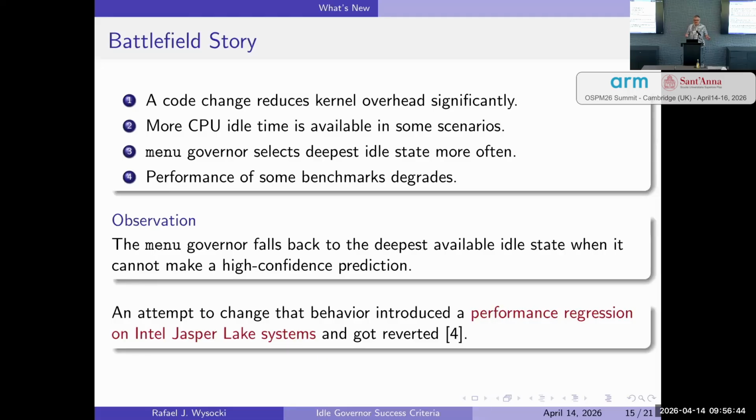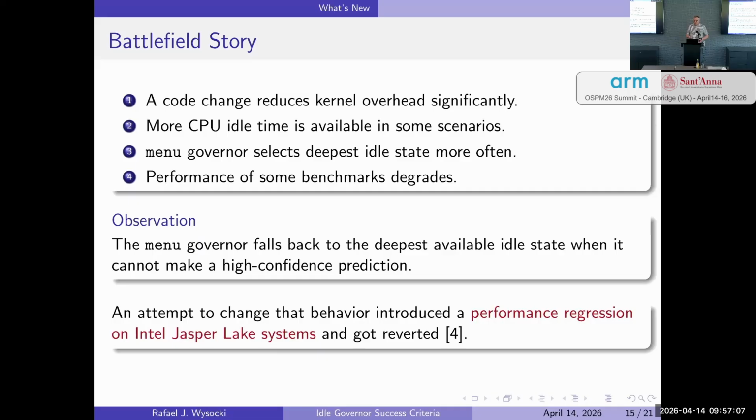But the performance regression was a surprise. I'm not exactly sure what happened, but most likely, if the system is thermally constrained or power constrained, then there is a power limit and a power budget.